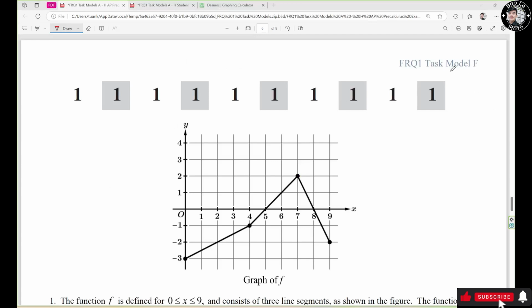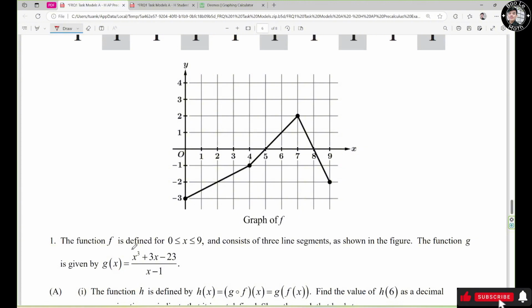Now let's move on to question F right here. The function f is defined for 0 less than or equal to s less than or equal to 9 and consists of 3 line segments as shown in the figure. The function g is given by g of s equals s cubed plus 3s minus 23 over s minus 1.